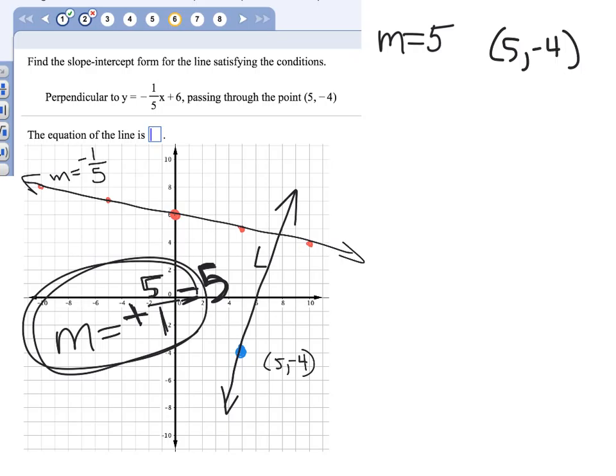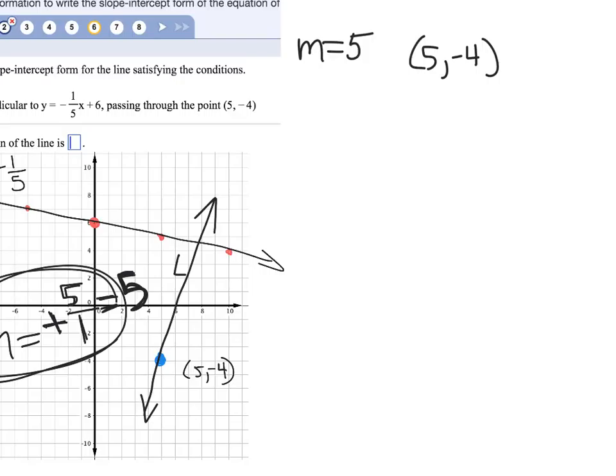All right, so there are the two pieces of information we need, and we are now officially ready to use that point slope format. y minus y1 equals m times x minus x1. And so now we're ready to start substituting the values.